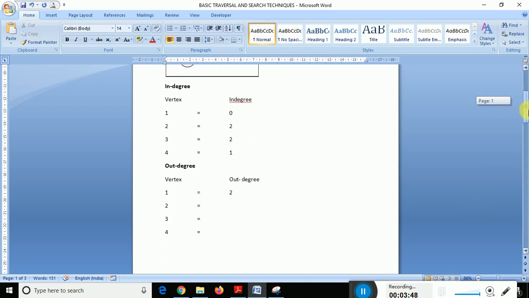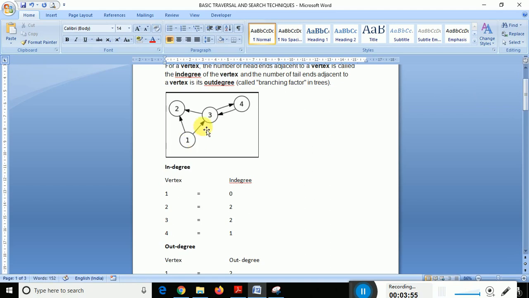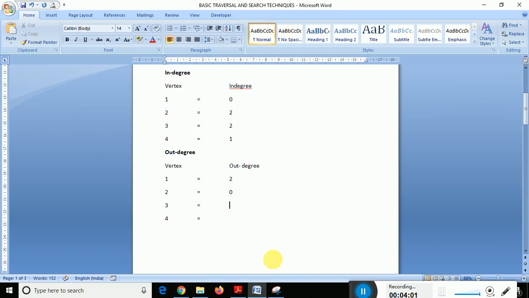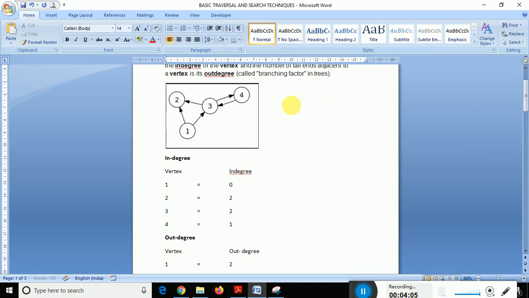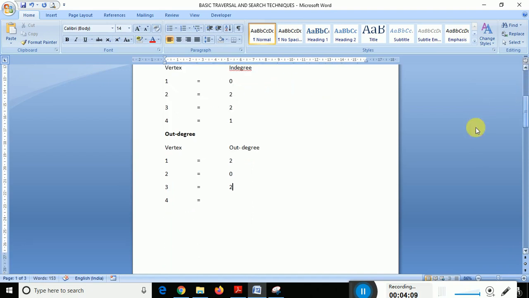No. Then you have to give 0. Next, from 3, are any arrows going outside? To 2 and 4. So 2 arrows are going outside, so we'll put 2. The last one is the fourth, so only one arrow is going outside, to the third vertex. So we have to put a 1.